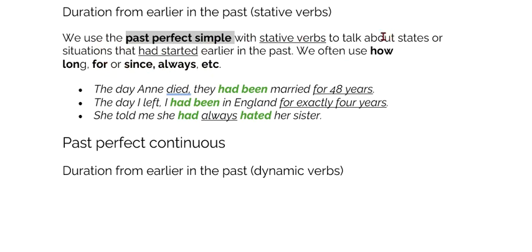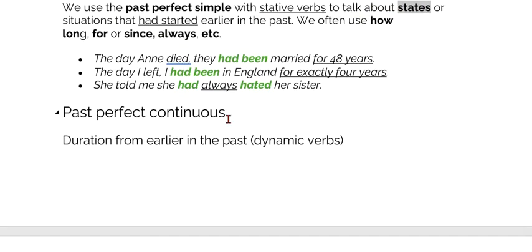Again, because it is past perfect, it had started earlier. But this time we are talking about a state, not an action, by using stative verbs. Let me give you some examples.